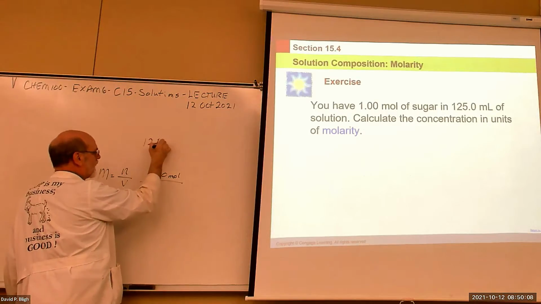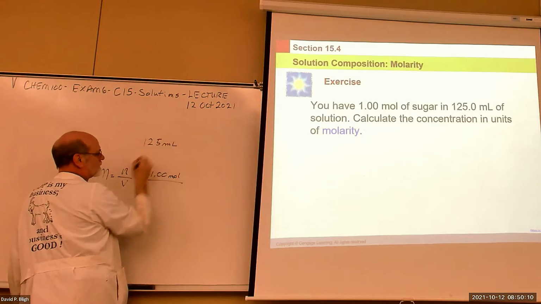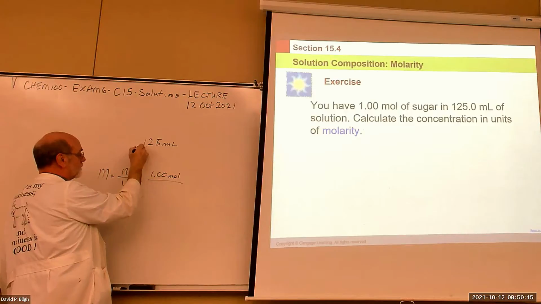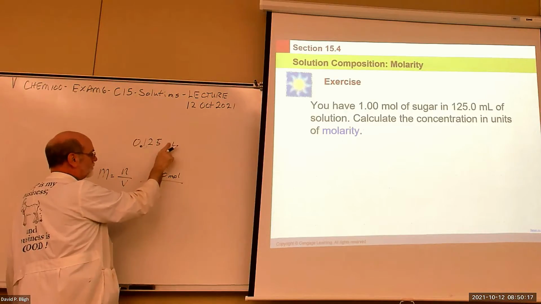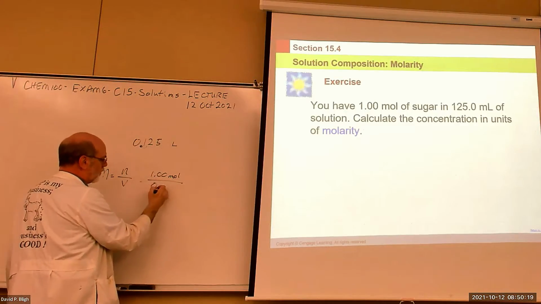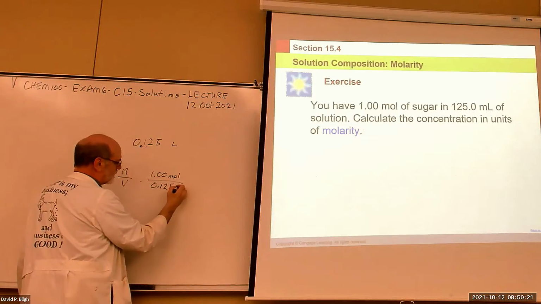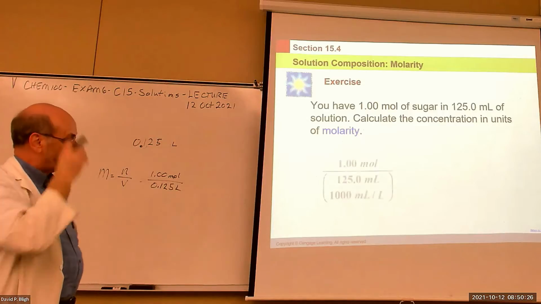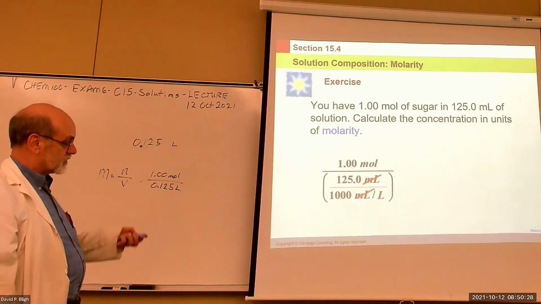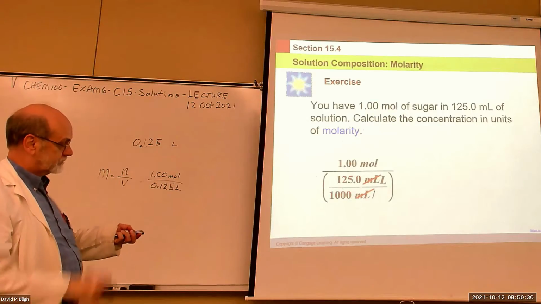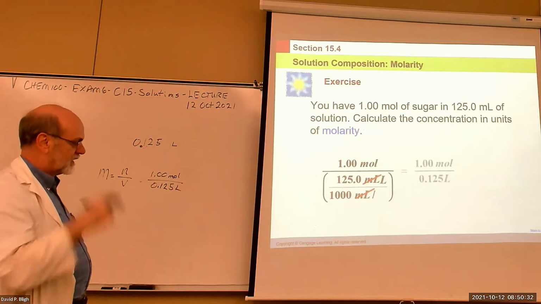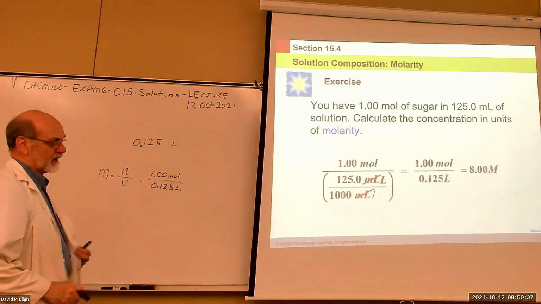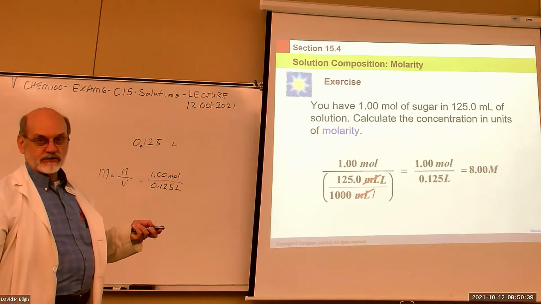So 125 milliliters. To make a liter, go 1, 2, 3. 0.125 liters. And then when you divide that, and there's the unit conversion here, you get 8 molar. That's what I call a concentrated solution.